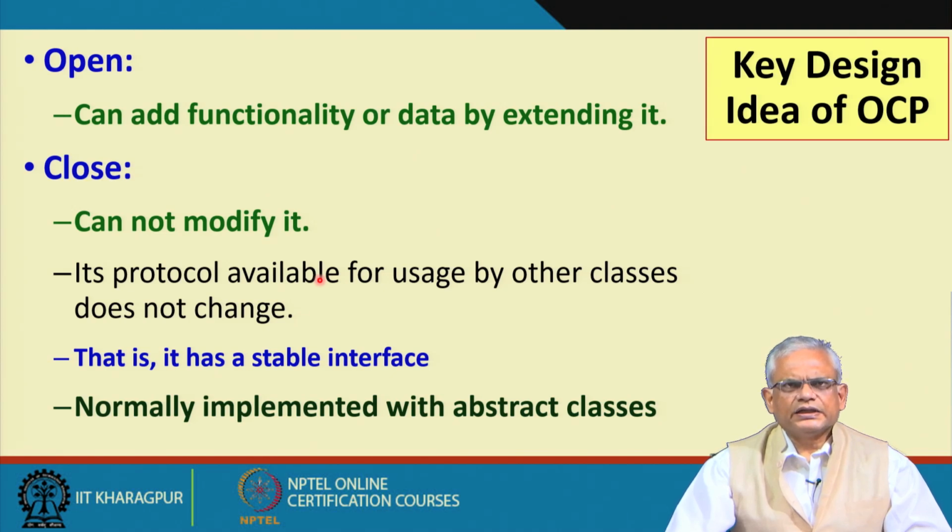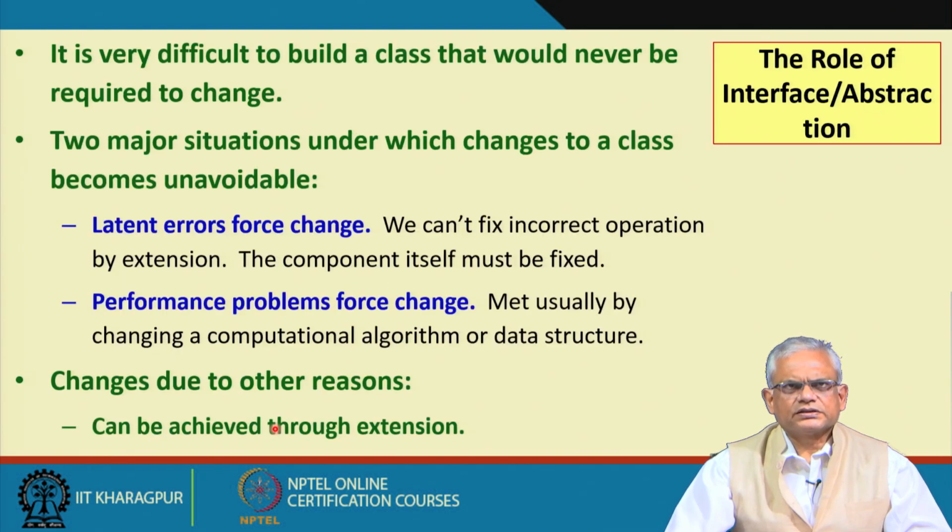The other classes which rely on it, they do not have to change, because we are not changing a class which is working, and typically the open closed principle is implemented with abstract classes or interface classes. Now, let us try to understand the role of the interface and abstract classes here.